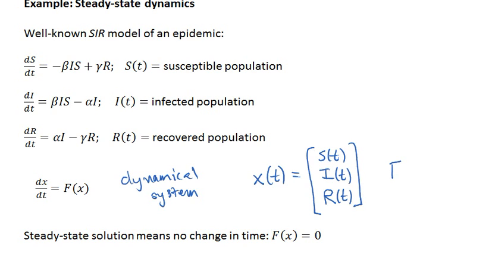So we might write this mathematically as f of t at each time. I'm sorry, f is not a function of time. So f itself is just a map from n variables to n variables. Or n variables to n values, I should say, not to variables.